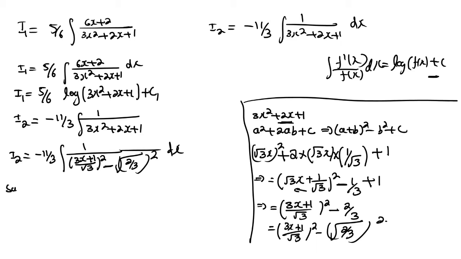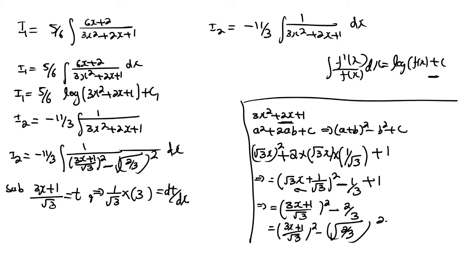Then go for the substitution method. Substitute 3x plus 1 by root 3 equal to t. Then differentiating with respect to x, keeping 1 by root 3 outside, 1 by root 3 into, what is the differentiation of 3x plus 1? 3, okay, 1 is 0, so 1 by root 3 into 3 equals dt by dx.